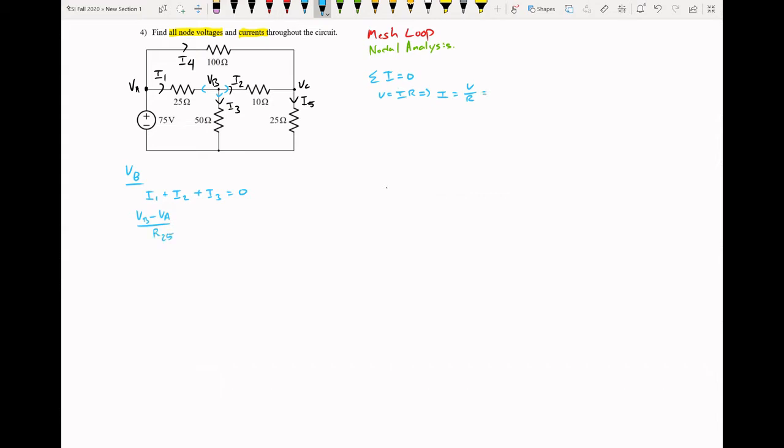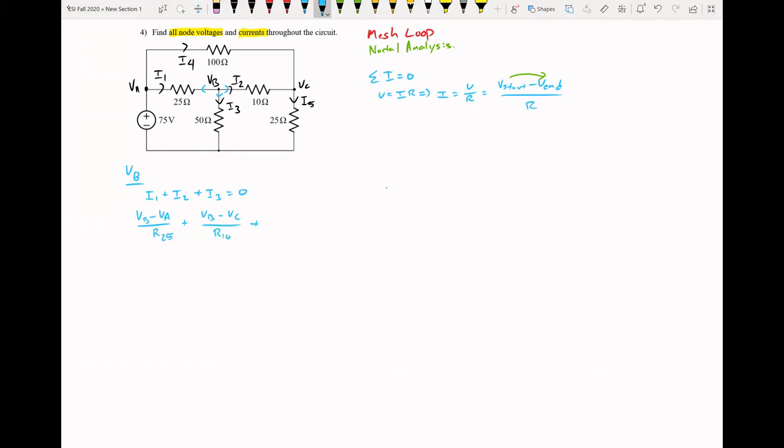Here this is going to be V of start minus V of end over the resistance. So it's where the current starts and where it ends. Then we'll do the same thing for I2. I2 is going to be V of B minus V of C over R10.